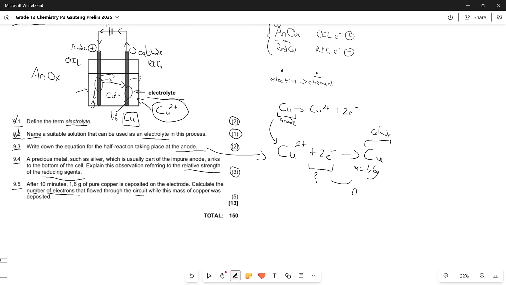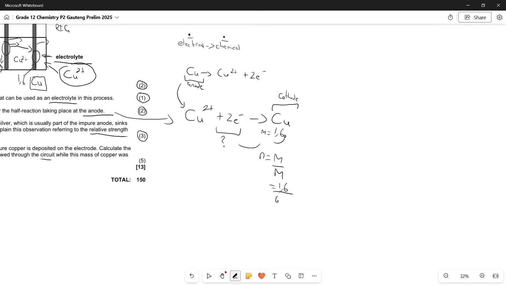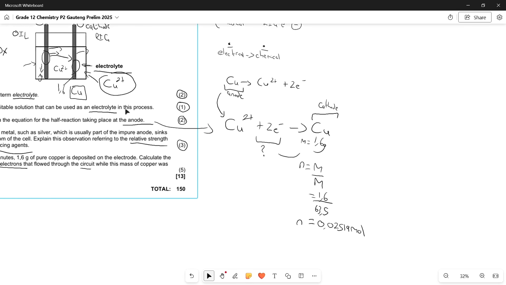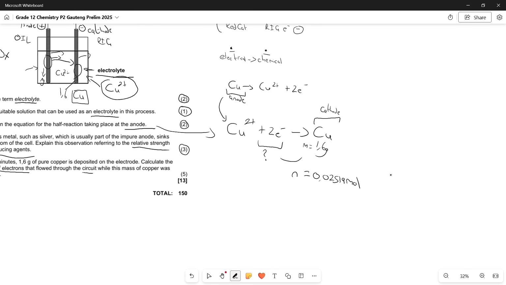So if we just go ahead and write n = m over capital M, we have 1.6 grams is the amount that has been deposited, and we have 63.5 grams per mole of copper on our periodic table. We can just plug this in our calculator, and we'll have 0.02519 moles over there.